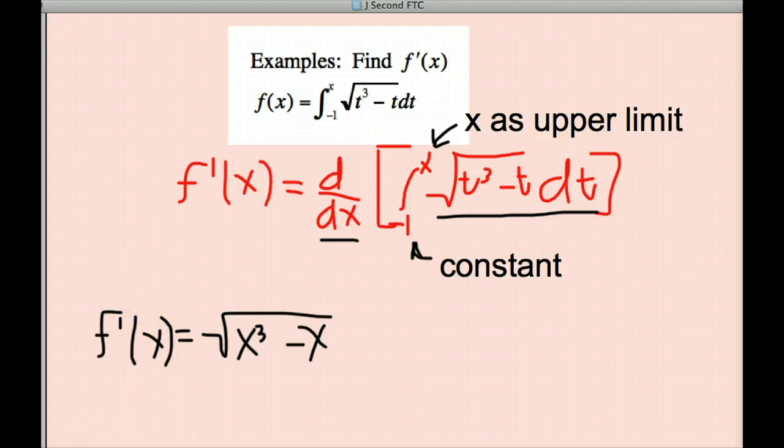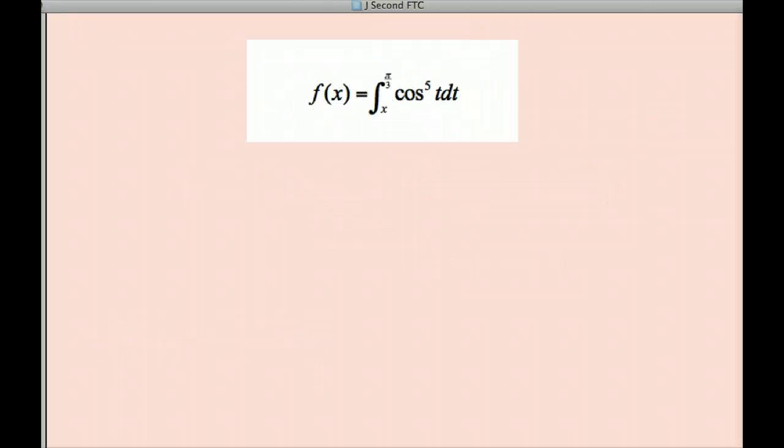So let's take a look at the next example. I see I need to find f prime of x for this integral right here. Once again, I rewrite it, and I take the derivative of both sides.